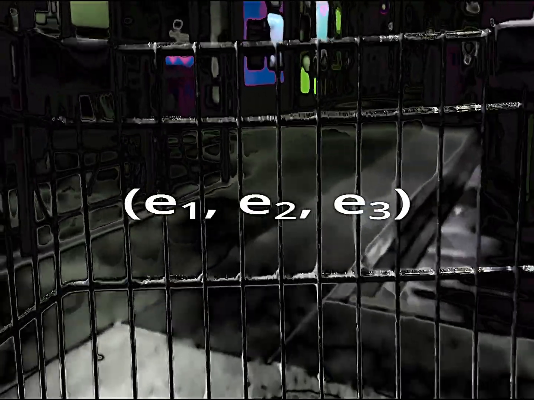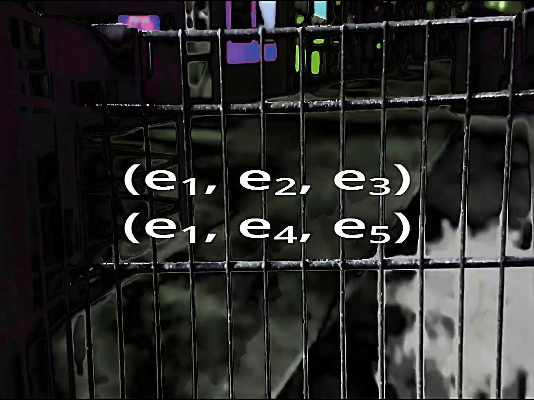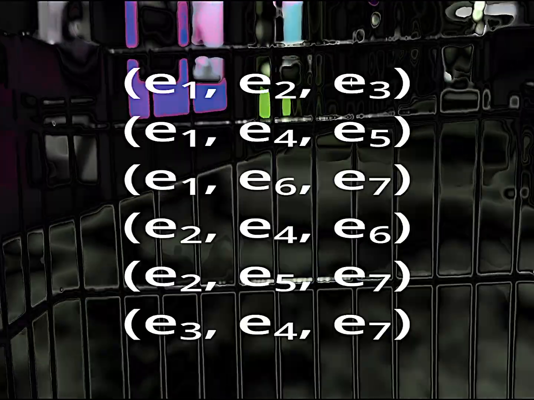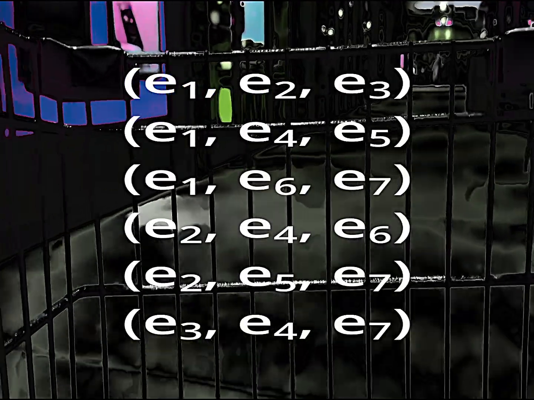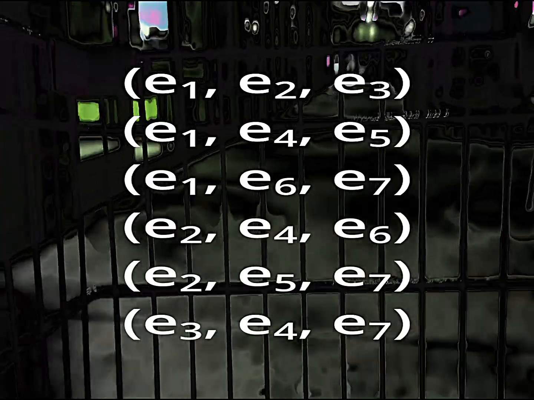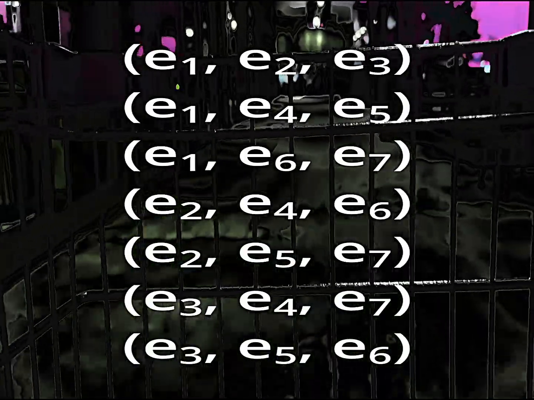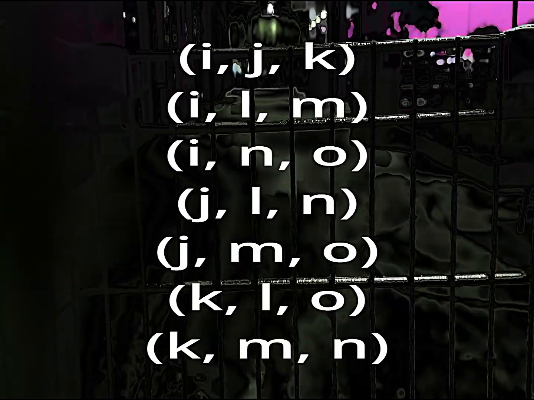The rest are 145, 176, 246, 257, 347, and if you think the first 2 numbers add to the third, you receive a soul-crushing 356, because the numbers ascribed to these octonions don't matter. They're just names.